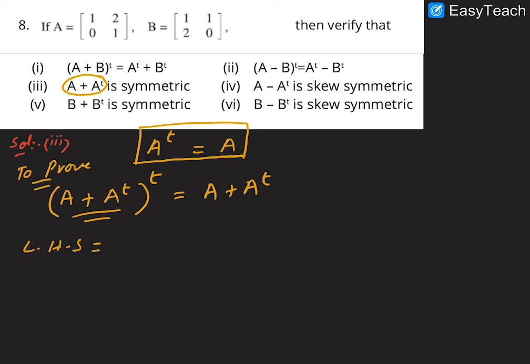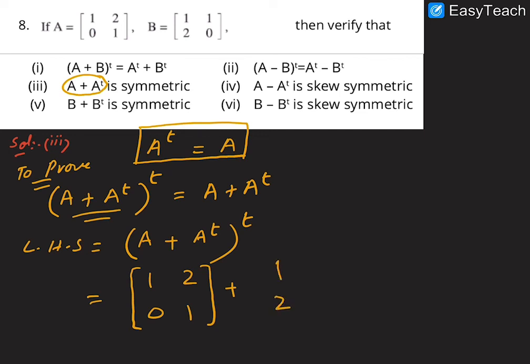So we'll take the left hand side. Left hand side is (A plus A transpose) whole transpose. So what is A? A is 1, 2, 0, 1. What is its transpose? A transpose, interchanging rows into columns, is 1, 2, 0, 1. This is A plus A transpose. We have to take the transpose of both again.